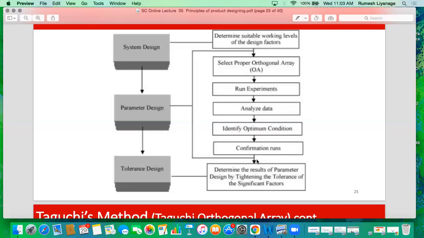We have used Taguchi's L4 design and selected the third run, and according to the third run, these are the raw material or condition levels. We confirm it. Then tolerance design determines the result of parameter design by tightening the tolerance, and we are going to further reduce the tolerance level.